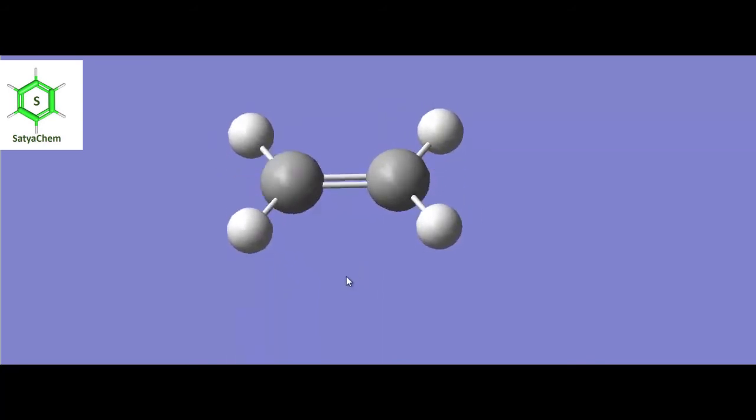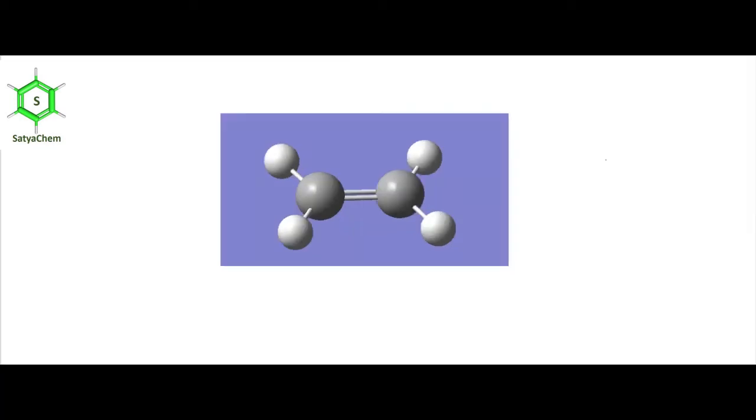So CH, CH, C=C double bond, CH, CH. The bonding pattern and the hybridized orbitals I'll explain soon. First I will show you the sp2 hybridized orbitals. So this is one of the sp2 hybridized orbitals.